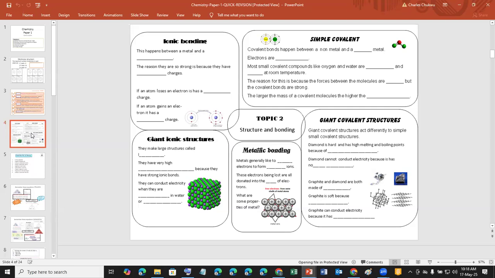The reason is that there's something called a stable state. The stable state of an ion usually likes to have 8 electrons in its outermost shell. For instance, think of sodium chloride.